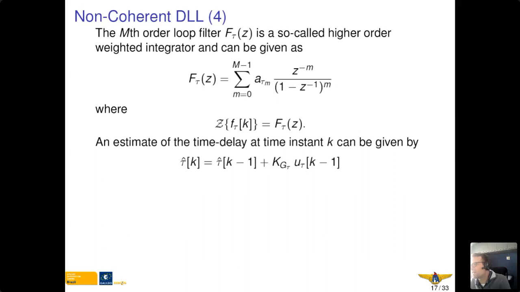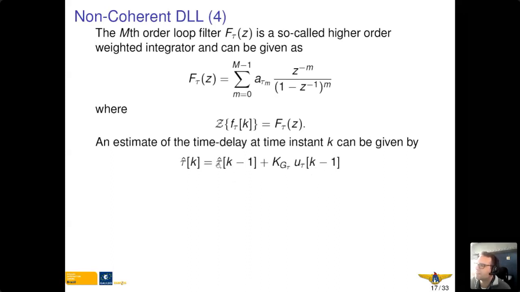An estimate of the time delay at time instant k can be given by this more general formulation. This is the output of the loop filter. And then we have a gain from the integrator, and then this is just integrating. So this is the integrator here.